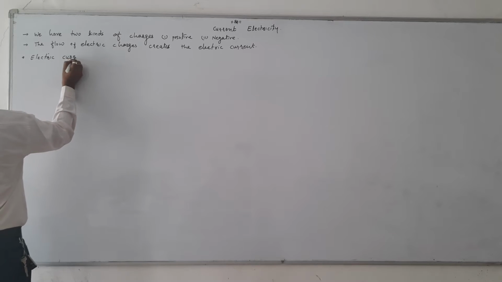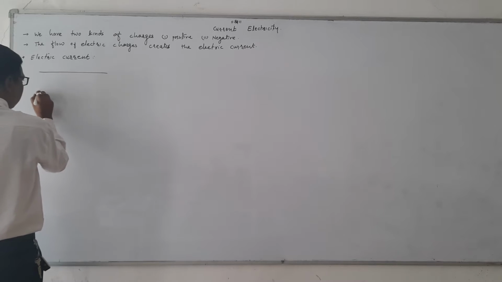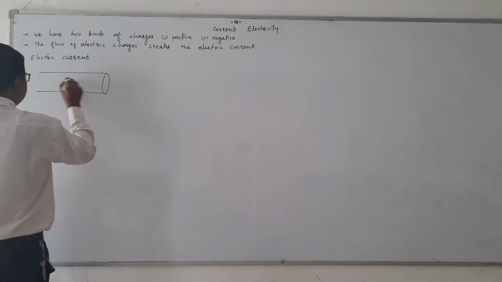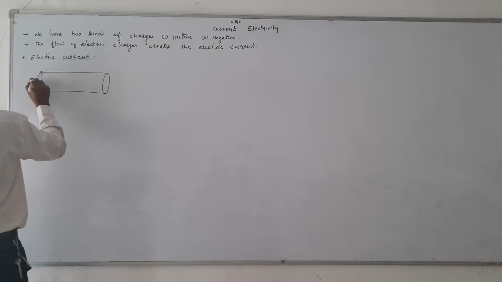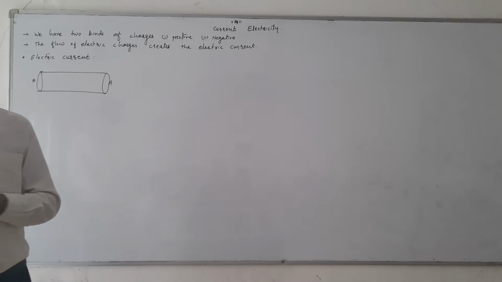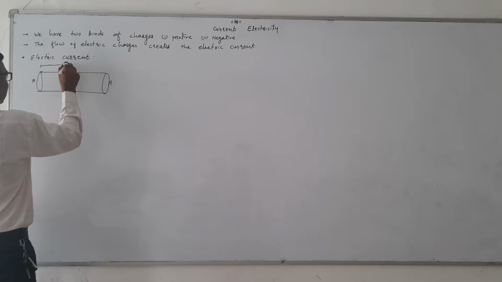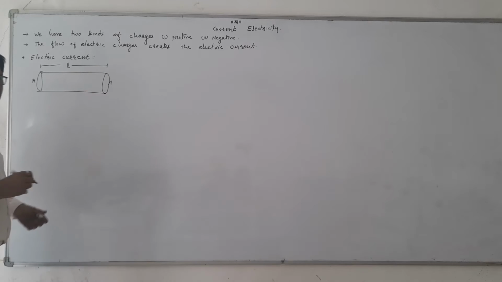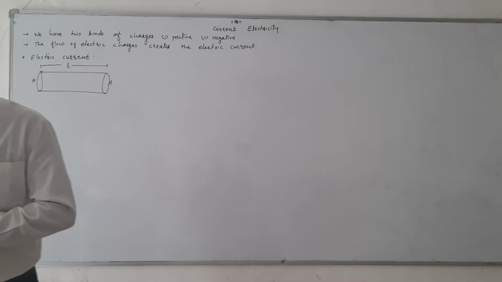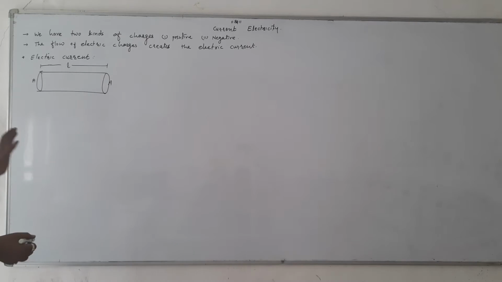Electric current. So here you have the area of the cross section. This is a conductor, and this is length L. Electric current is flowing from one end to another end. How is this possible?